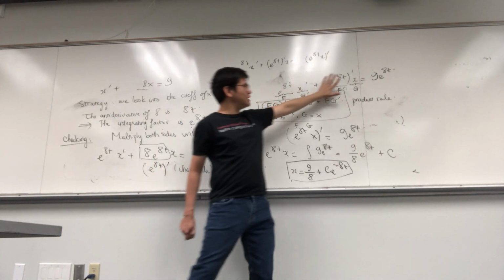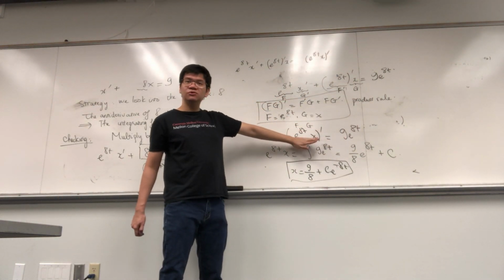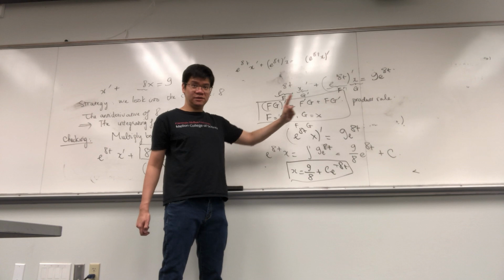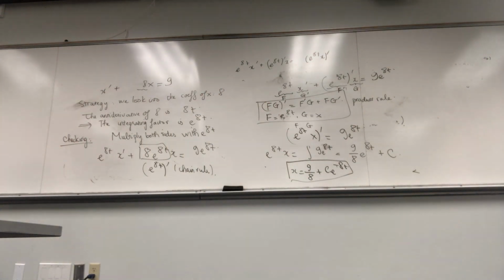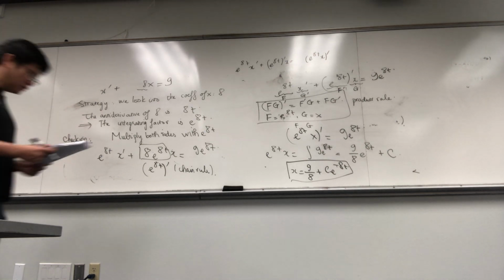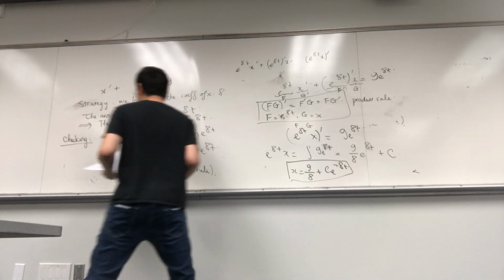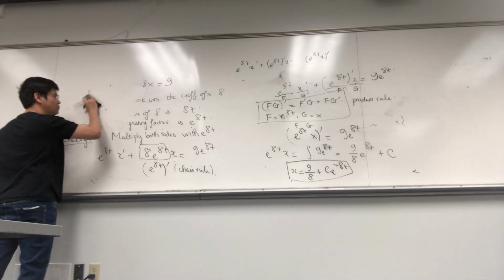I can turn the left-hand side into one derivative using the product rule, and after that, I integrate both sides and solve the equation. Is it clear? Now let us go to a more difficult equation.